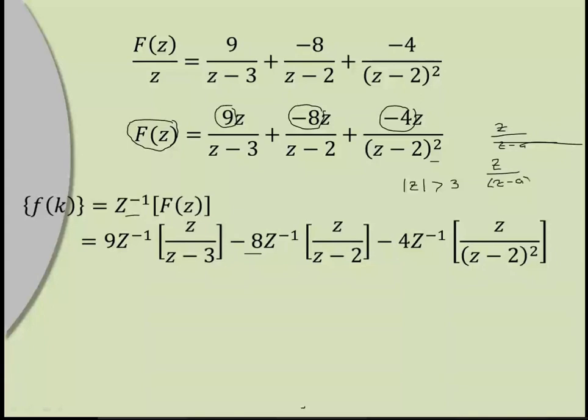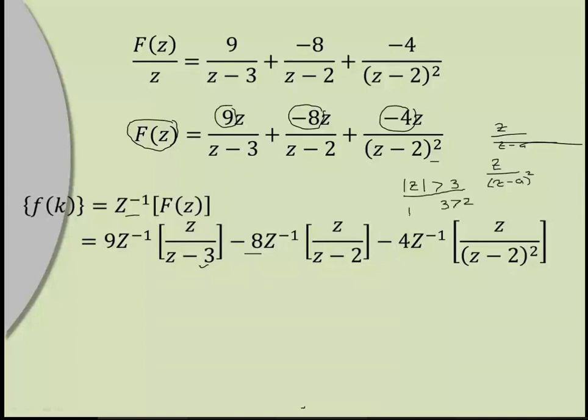These two standard formulas we know. We just need to know the condition between mod z and mod a. The condition between z and 3 is known, so no problem with the first term. Now we want the condition between z and 2. What is the relation between 2 and 3? 3 is greater than 2.